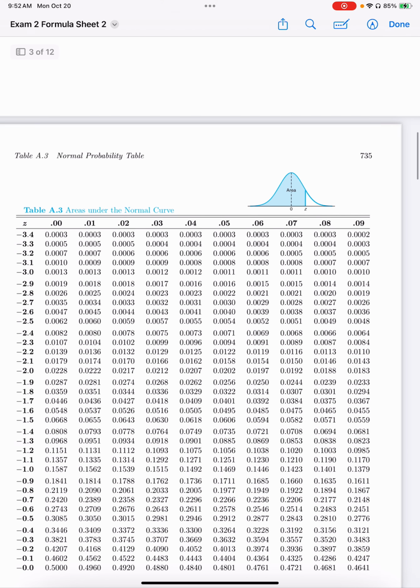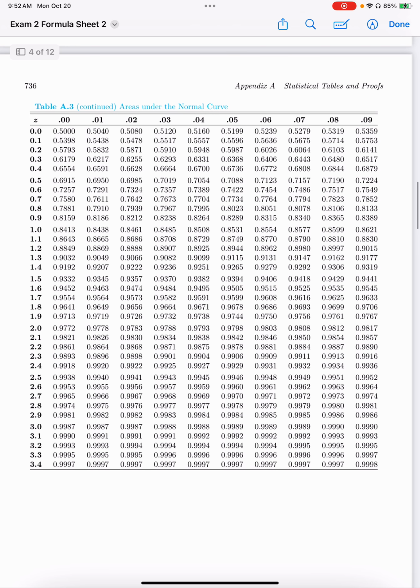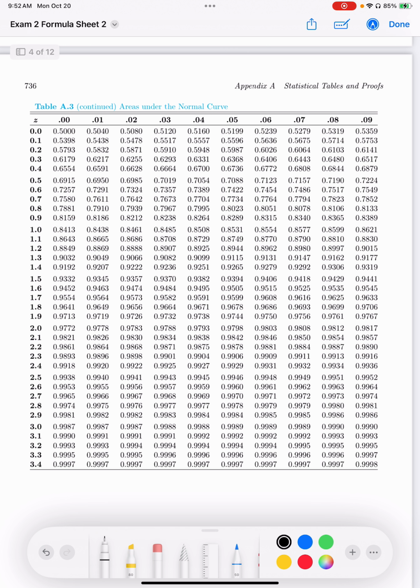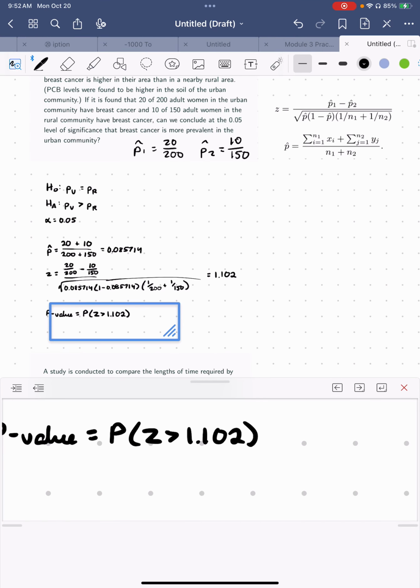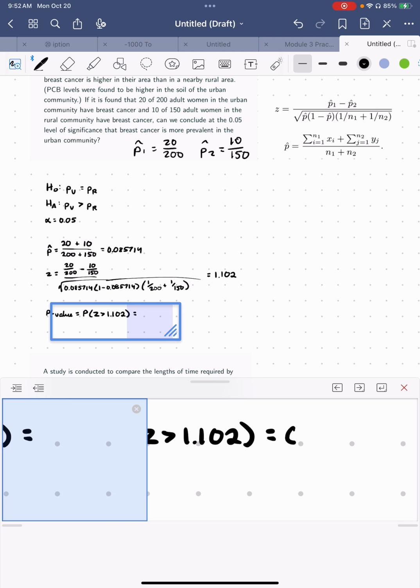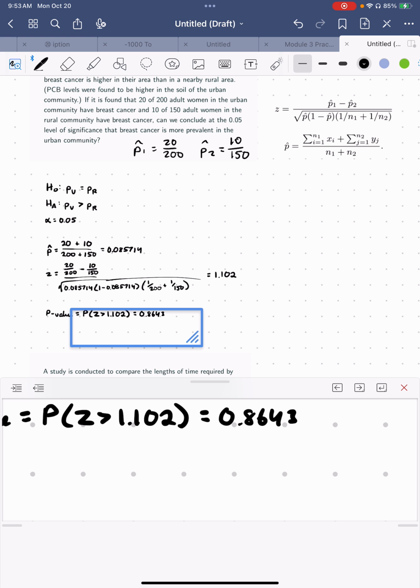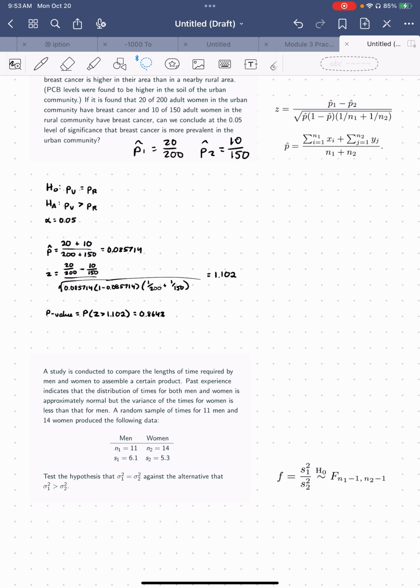We have our z table here, and we have 1.10, so this is the closest value, so it's 0.8643. Sorry, it's 1 minus 0.8643.